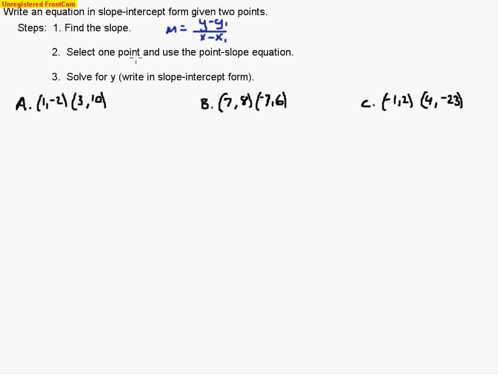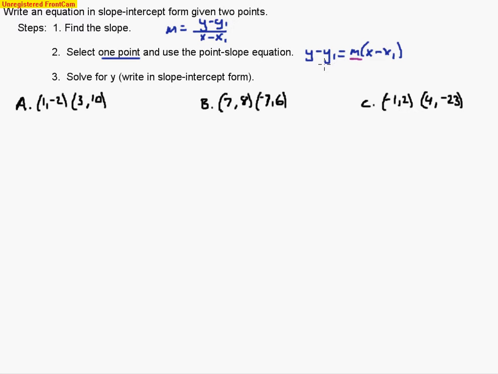And then from there, we're going to use the slope, and we're just going to take 1 point. So just one of those points, and we're going to write those values, the slope and one of those points, into our point slope formula. And so remember, the parts that we put in always go in for the slope, obviously, which is what we just found.